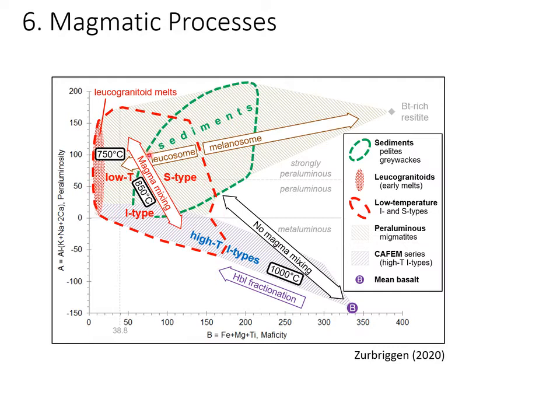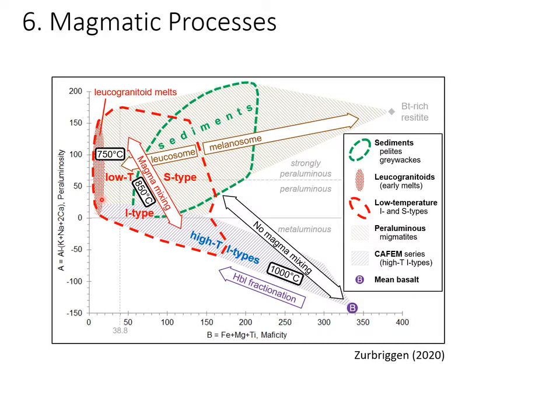And this is the composition of the orthogneisses. Once we have magmas in this field here, we probably can mix them because they have a similar viscosity at a similar temperature.